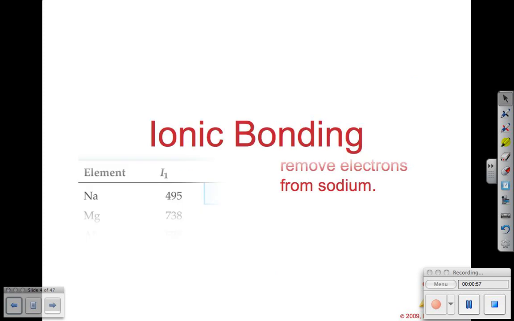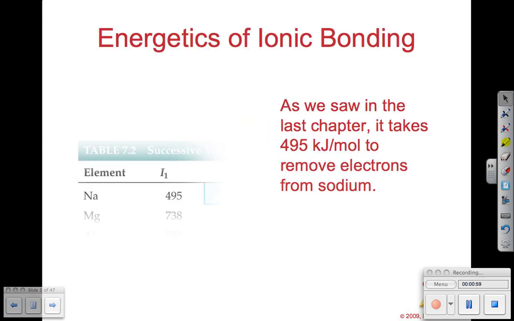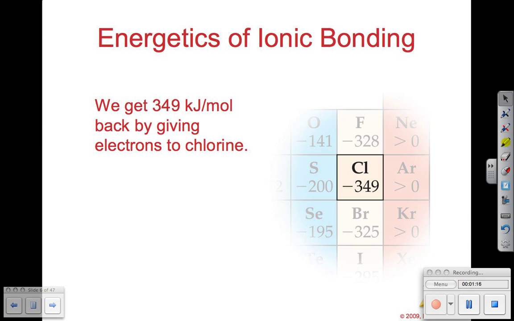So let's just get into ionic bonding. When we look at the energetics of ionic bonding, in the previous chapter we saw that the ionization energy, or the energy to remove an electron, in the case of sodium, was 495 kilojoules per mole. Try to remember that number.